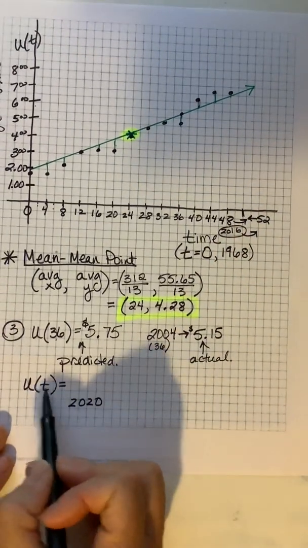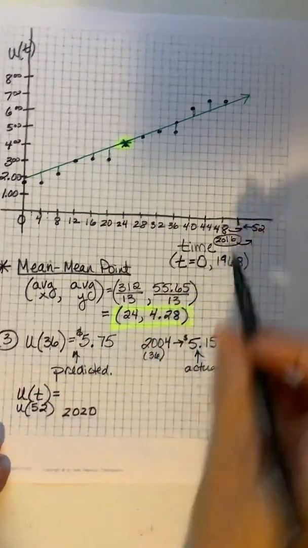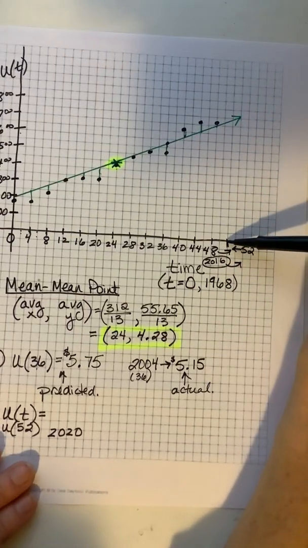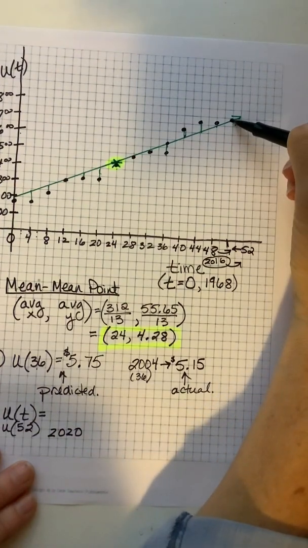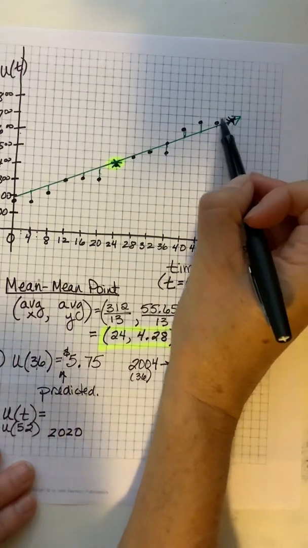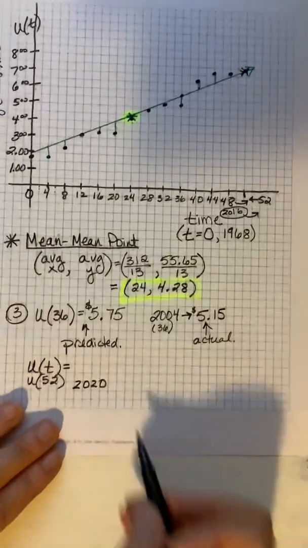Okay, so I'm looking at U of 52. All right, well, I didn't have any data for that. So this is one use for my line. According to my line, unadjusted minimum wage should be, oh, I better put that as a star, should be about $7.50.